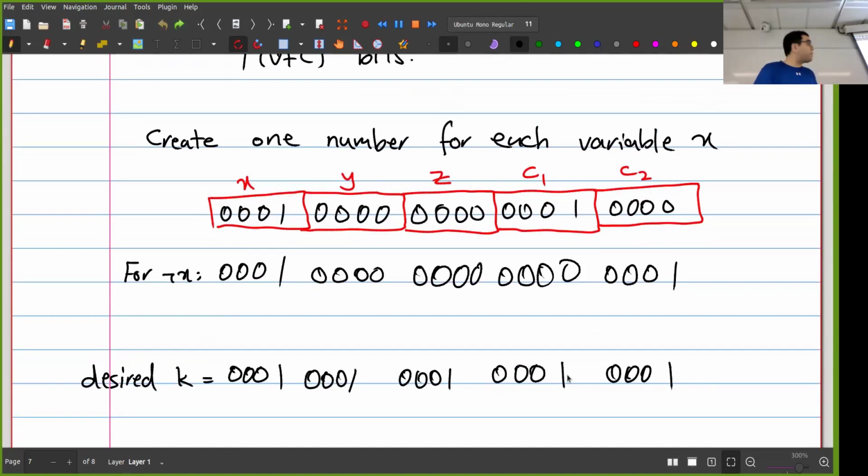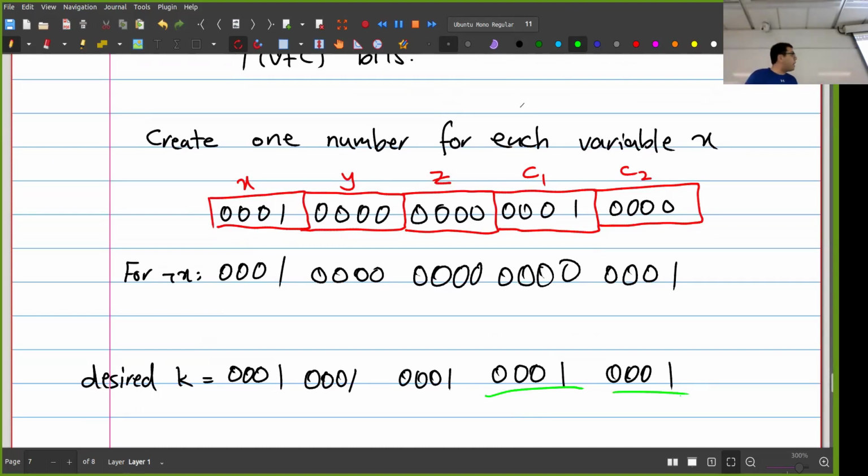And basically, the idea was that if I take a bunch of these numbers and sum them up, I want to satisfy all of my clauses. So I want to get 1s for every one of my clauses here. Okay. So I would like to have a 1 here and also here.